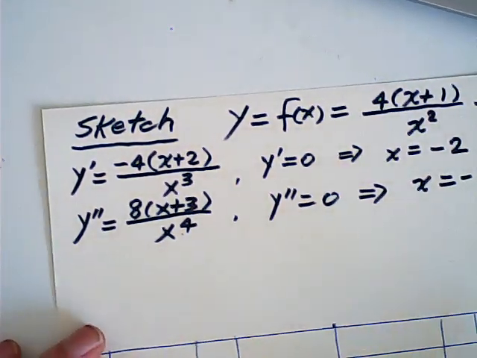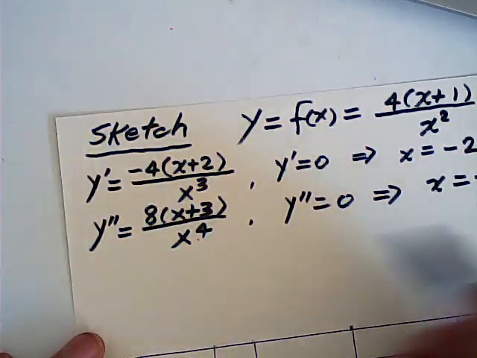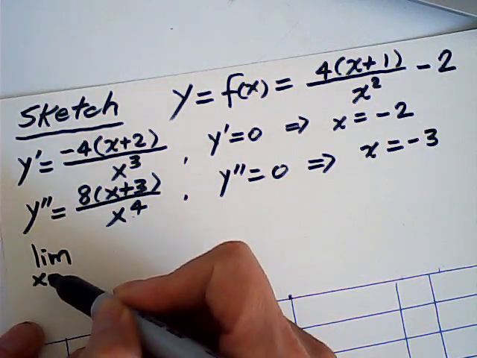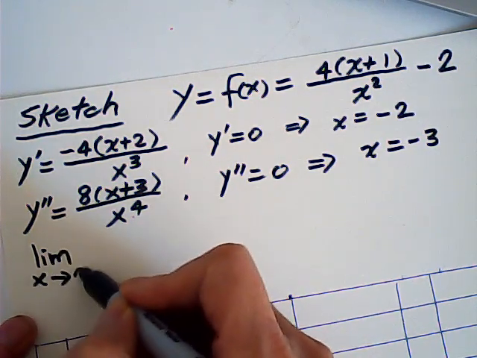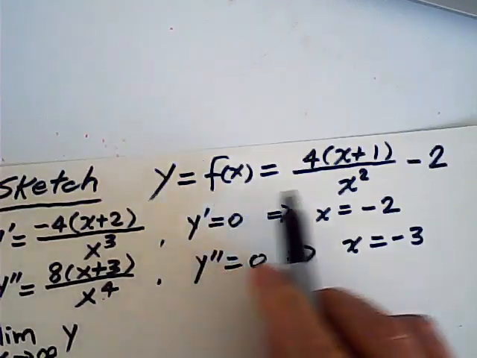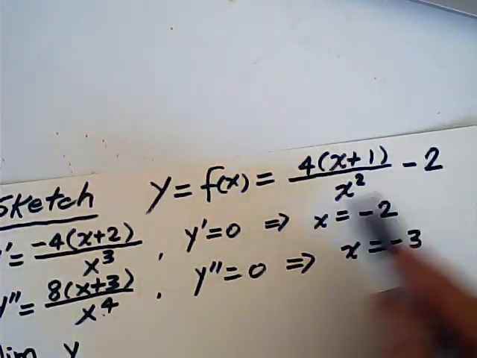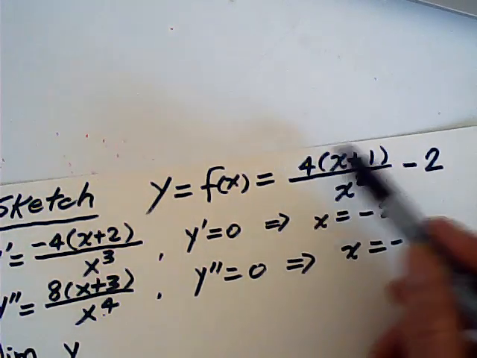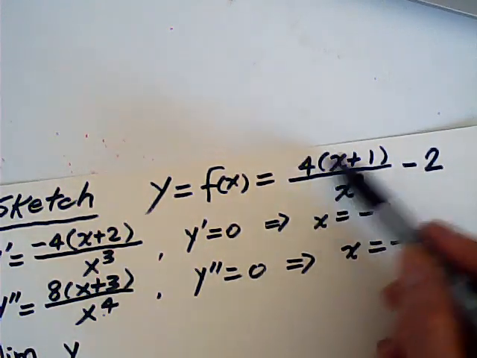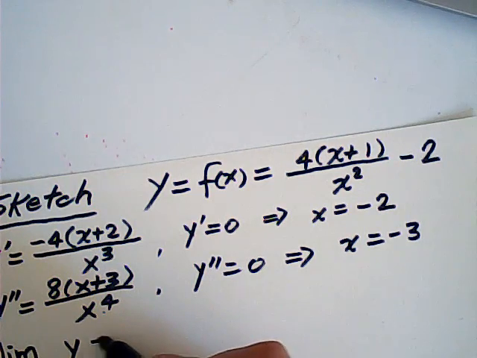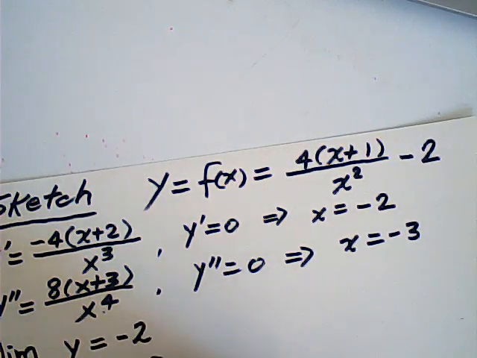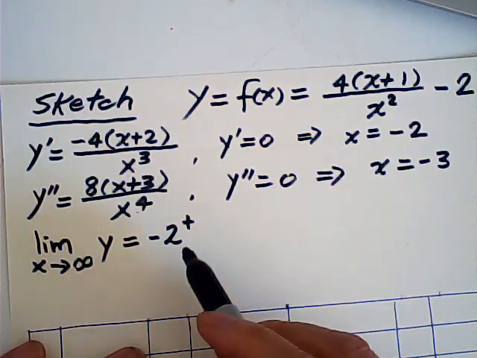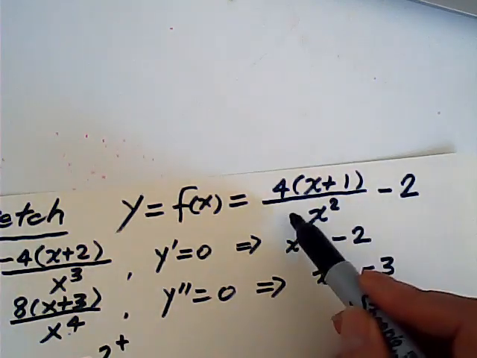Okay, and besides that, we need to discuss the asymptote. When x approaches positive infinity, when x is very big, this is approaching 0, but it is a positive number. A very small positive, minus 2, is equal to minus 2 from above, which means a little more than minus 2, because this is positive.